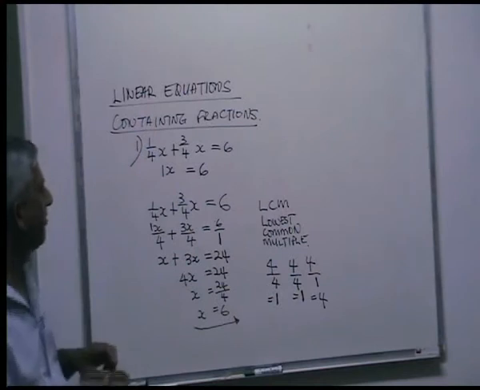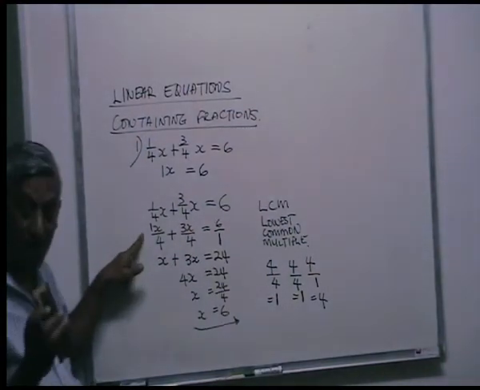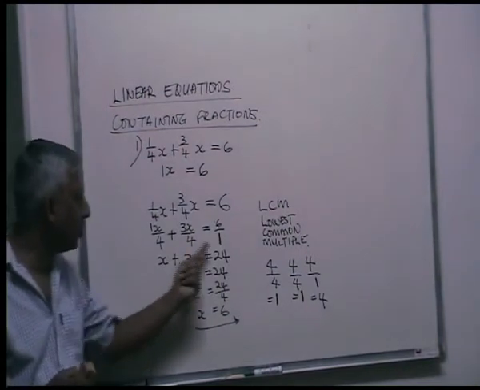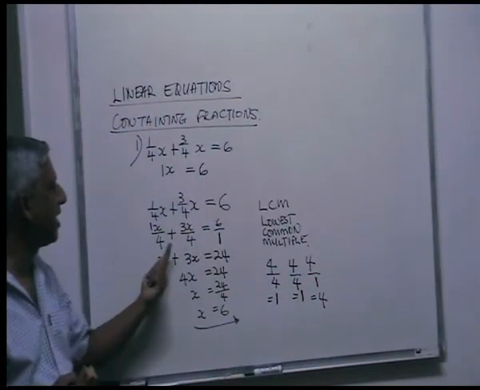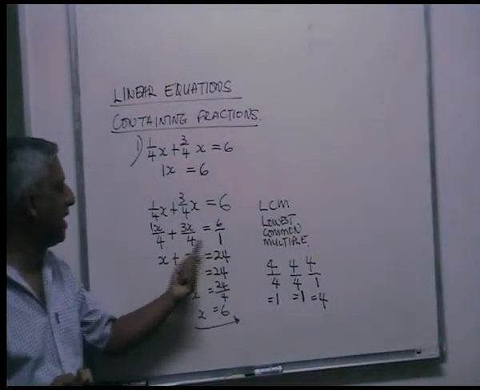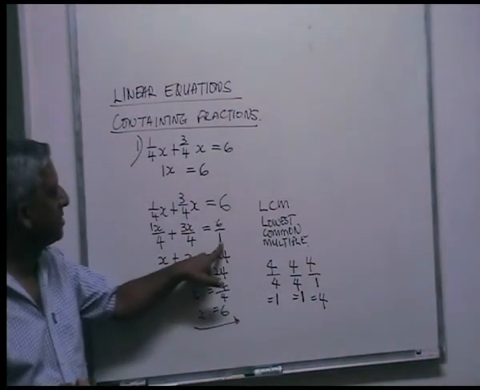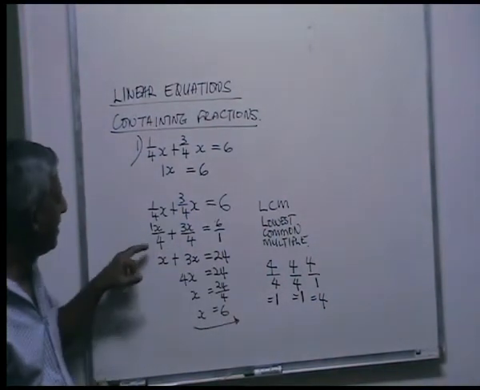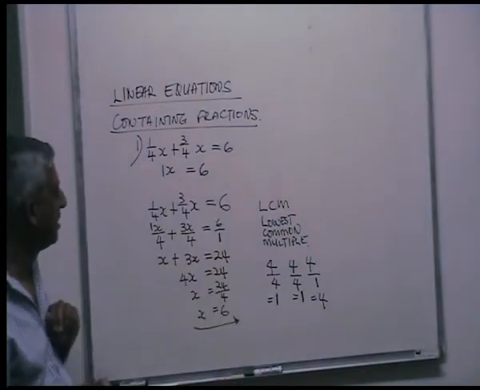So when you have fractions, it's better firstly to write it down in a way that looks easier and with which you can identify the denominator easily. Identify means you can make out which is the denominator easily. Once you can see this easily, you can find the LCM easily.